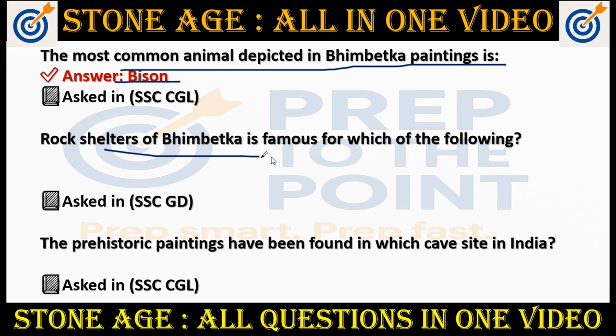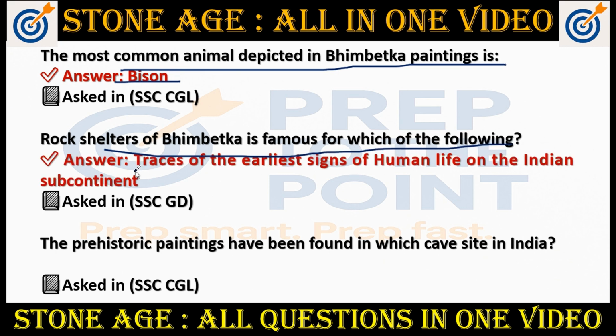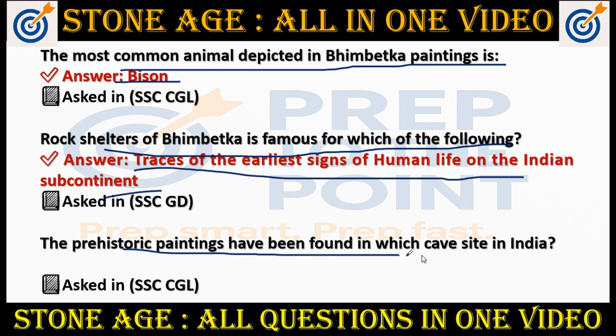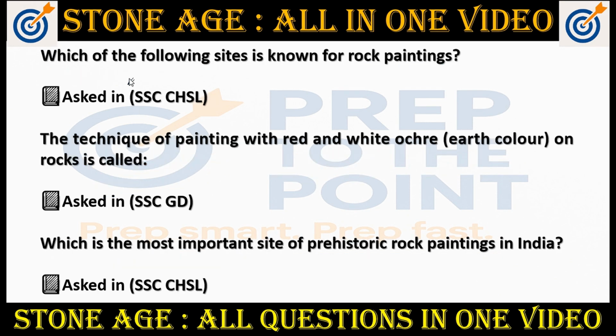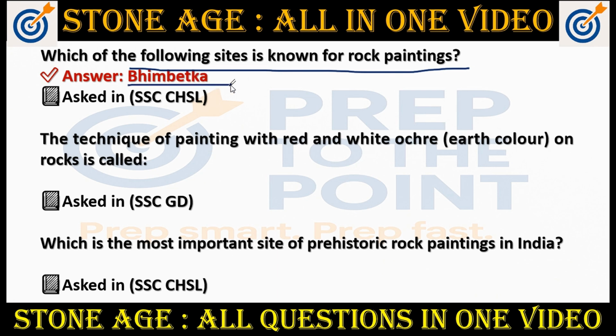Rock shelters of Bhimbetka is famous for which of the following? For traces of the earliest signs of human life on the Indian subcontinent. The prehistoric paintings have been found in which cave site in India? It is Bhimbetka cave site in India. Which of the following sites is known for the rock painting? Bhimbetka sites.